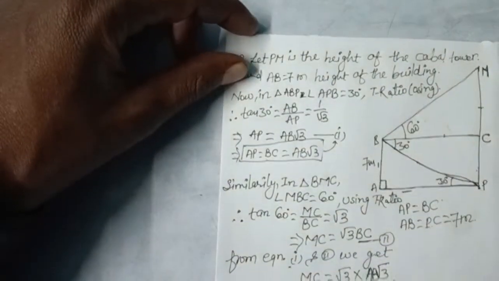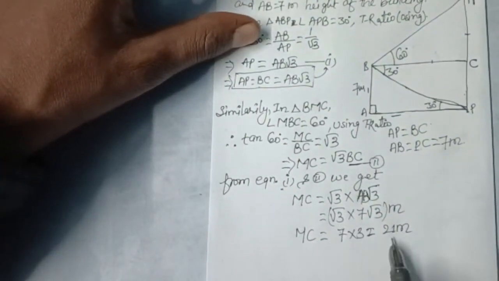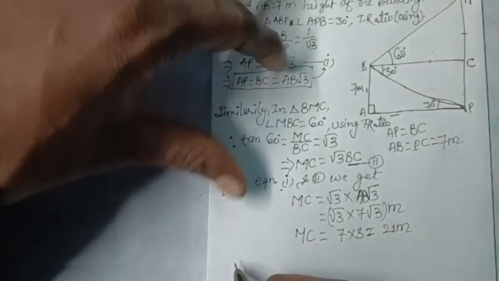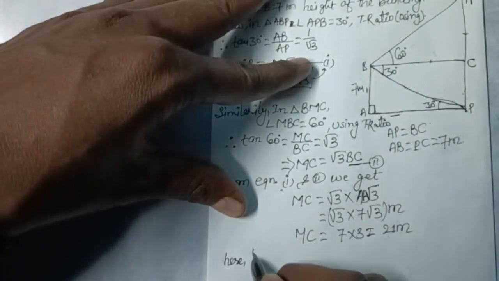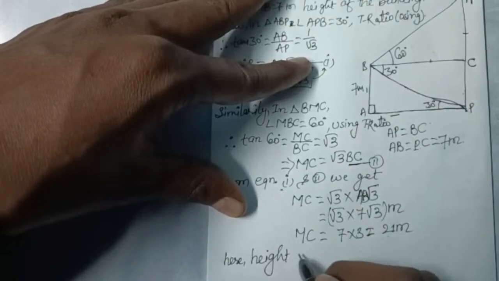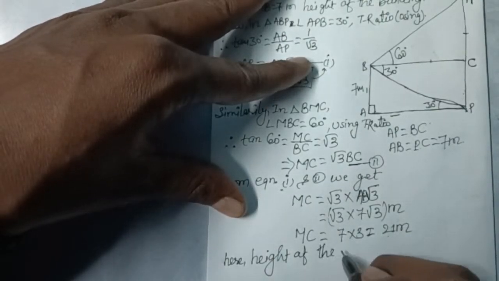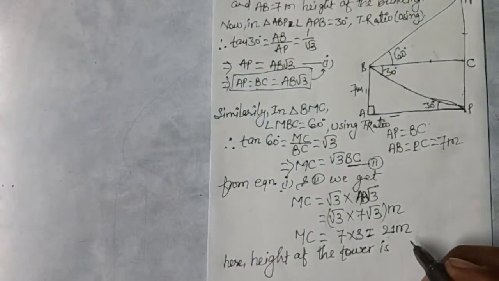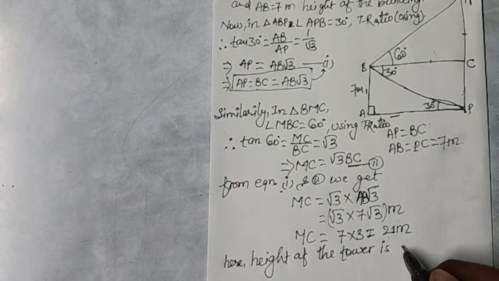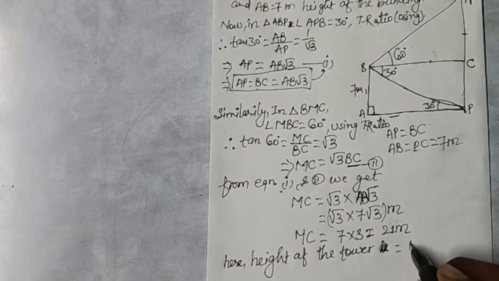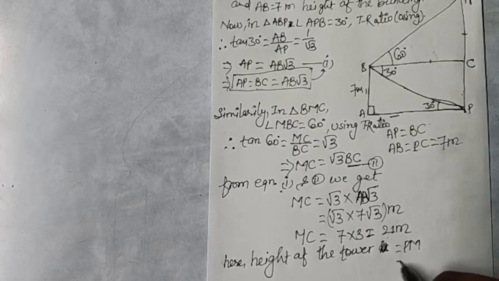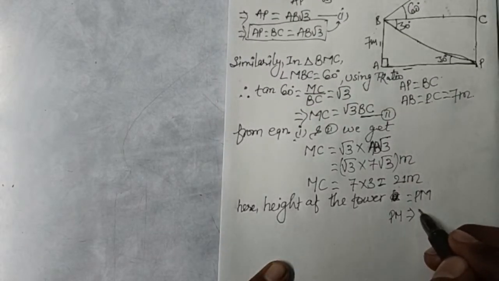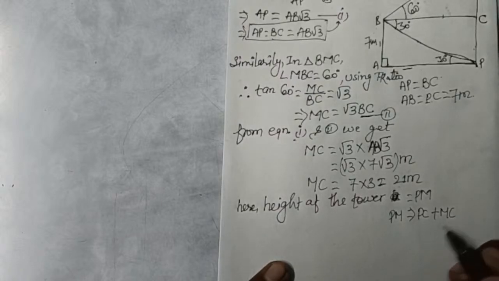Okay, MC is 21 meter. Now we know that the height of the tower equals to what? Height of the tower is equal to PM, and PM is what? PM is equal to PC plus MC.